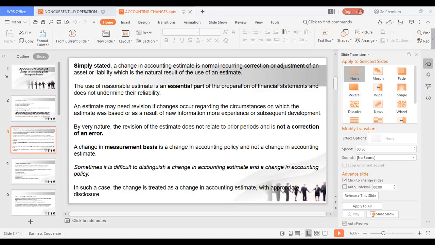And we have 9-16: what amount should be reported as retained earnings on December 31, 2019? So we have retained earnings January 1, 2019 of 1.1 million.